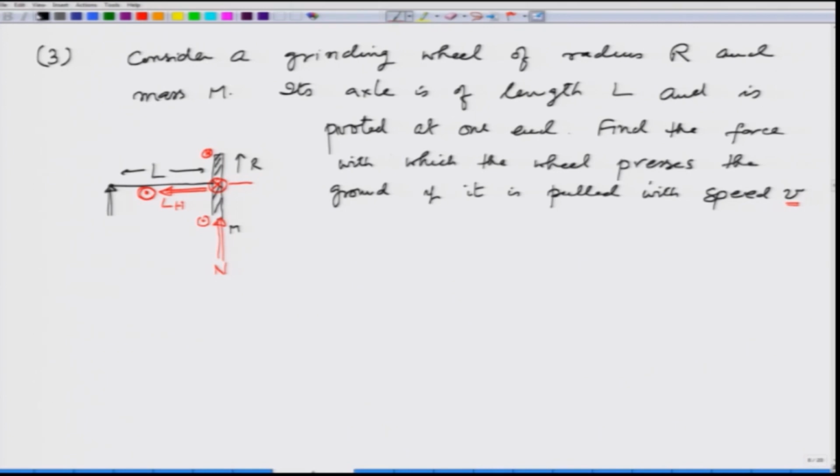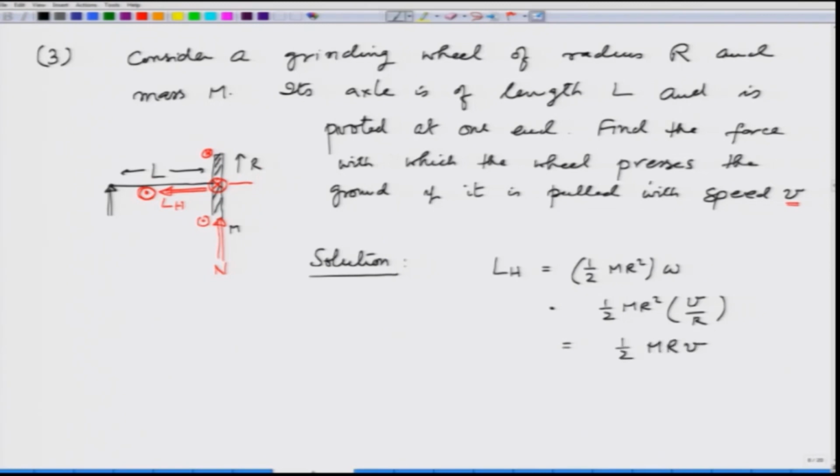So, in the solution, first I will do it by calculating LH and then through Euler's equations. L horizontal is equal to 1/2 mr square, which is I, times omega, that is the rotational speed of the wheel, which is nothing but 1/2 mr square v over r, which comes out to be 1/2 m r v. The whole thing is rotating about this vertical axis by some omega.